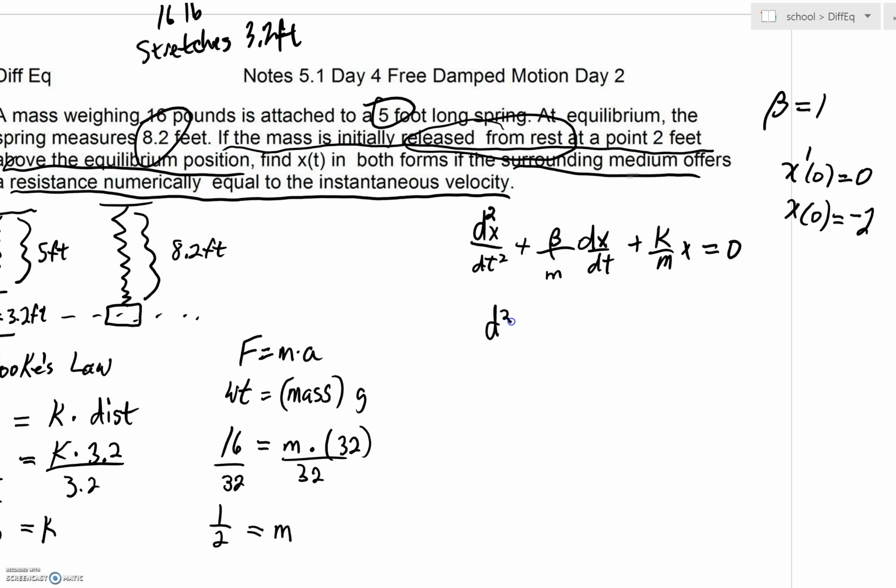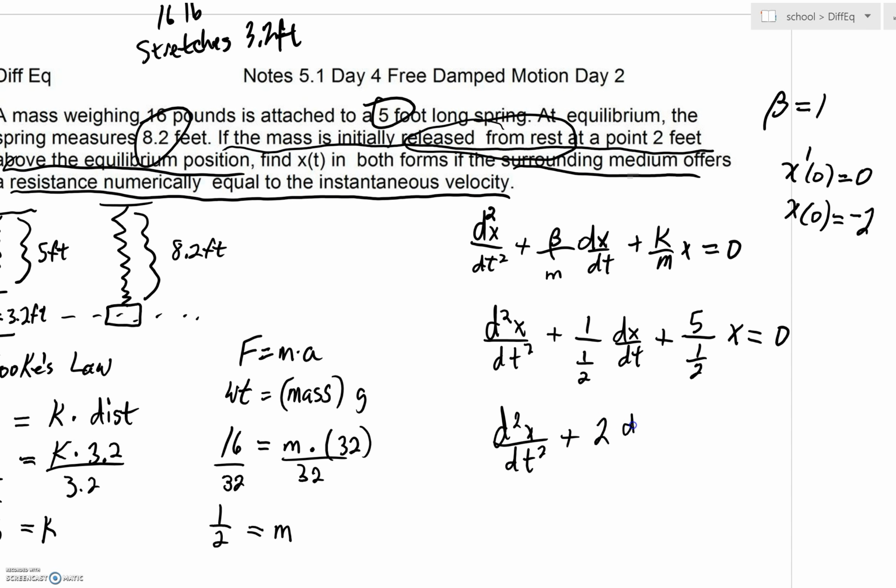Let's go ahead and create our differential equation, though. We'll have our second derivative of x with respect to t. Our beta, we just saw, is 1. Our m, we just found to be 1/2. And there's your dx/dt. Our k, we saw, was 5. Without too much work here, we're going to be able to get our differential equation and hopefully solve that very fast. 5 divided by 1/2 is 5 times 2.